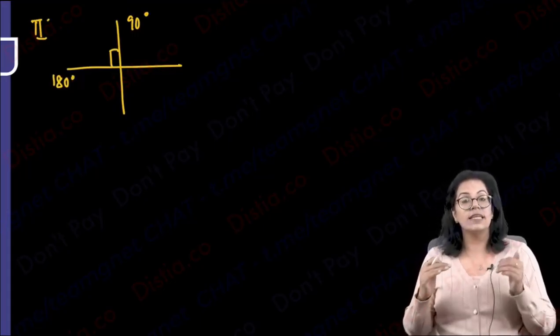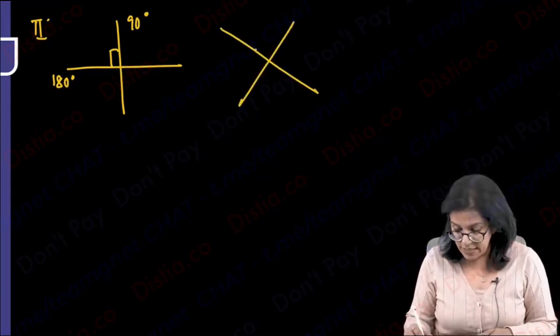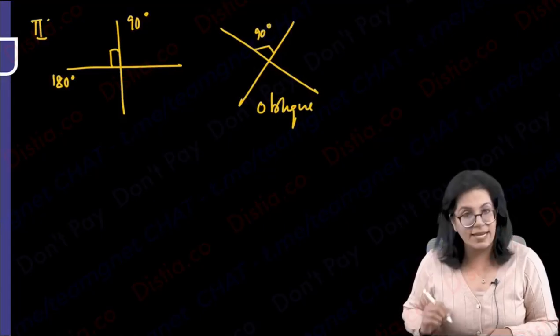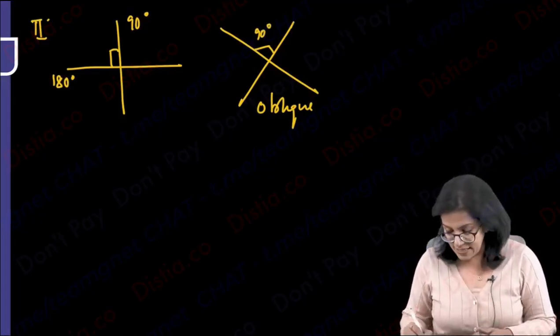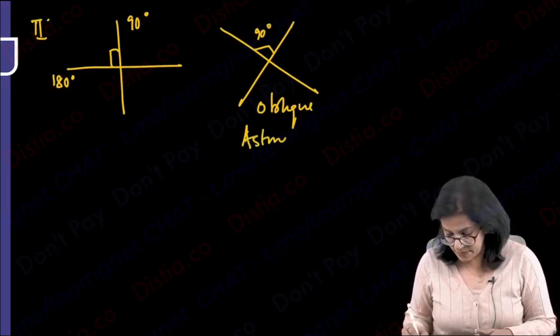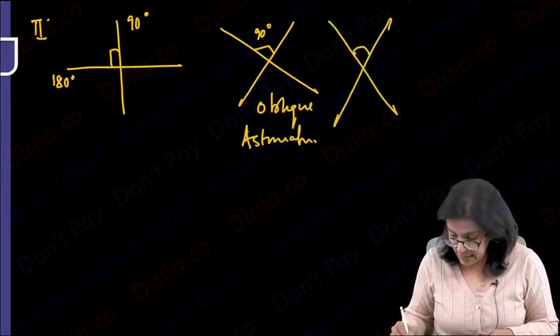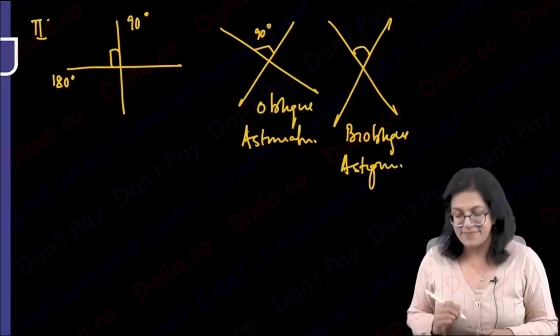Now, if the two axes are still perpendicular to each other, but they are not at 180 and 90, this is what is called oblique astigmatism. So the angle between the two is 90 degrees, but they are not at the 90, 180 axis. This is oblique astigmatism. And if the angle is also less than 90, this is called bi-oblique astigmatism.